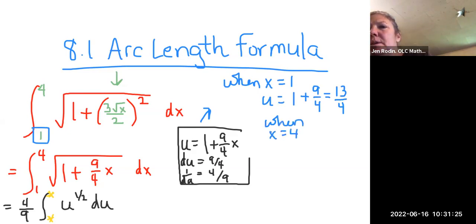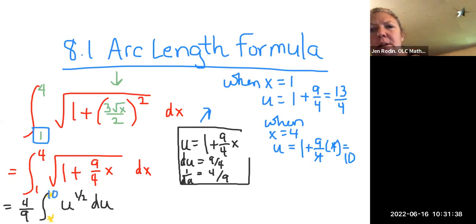When x equals 4, u equals 4 plus 9/4 times 4. 10. So this is going to be 10. And no panicking about fractions too. Everybody has enough knowledge now to handle those bad boys.